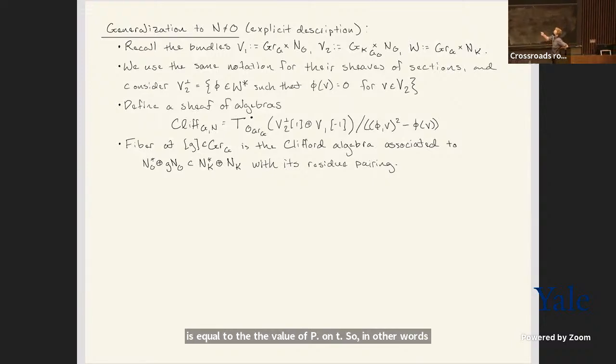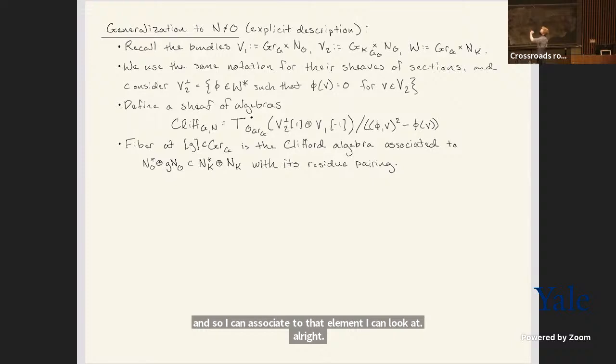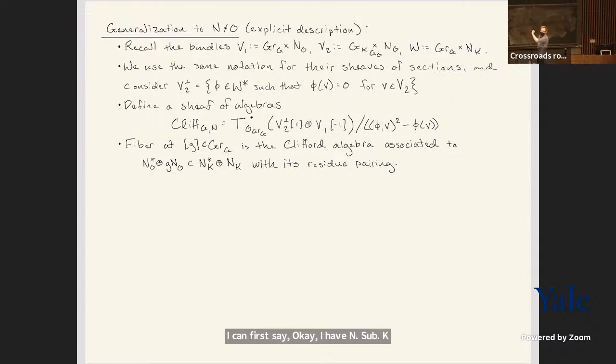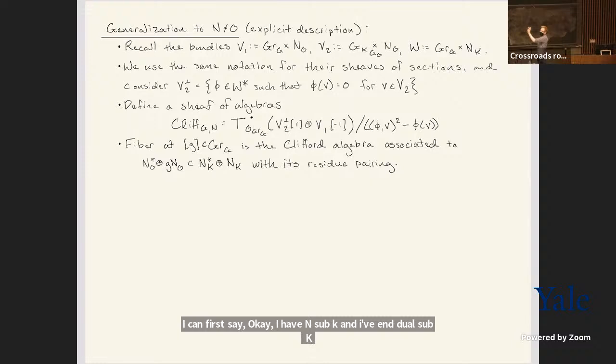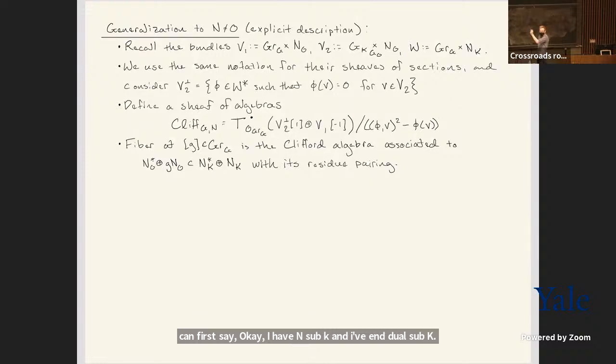So in other words, this is a sheaf of algebras whose value at a point in the affine Grassmannian, let's call that point g. So g here is a formal Laurent series valued in the finite type group G. So it's an element of G sub K. And so I can associate to that element, I can first say, okay, I have n sub K and I have n dual sub K. That naturally has a bilinear form given by pairing and taking residues.